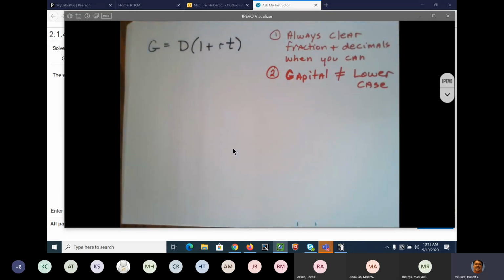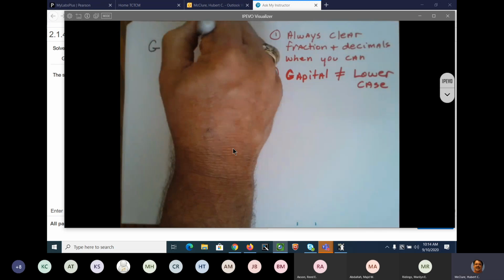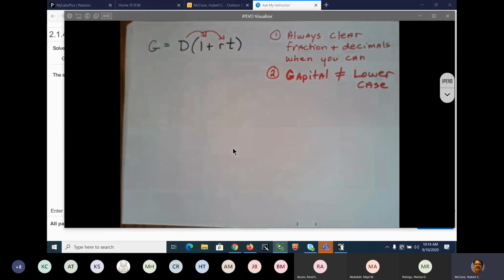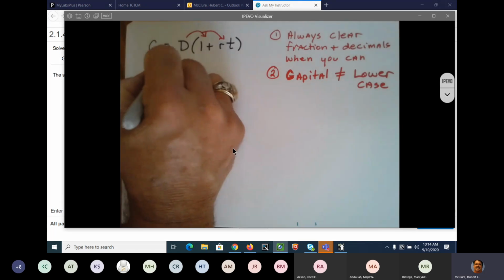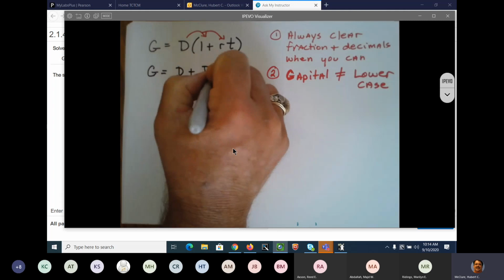If you have ever worked with concrete before, if you drop your ring into concrete and it cures, you've got to take a big hammer and bust it up. Well, the distributive law is the hammer, and it busts up the big block so you can actually get to the t. So that's going to be G is equal to D plus dRt.